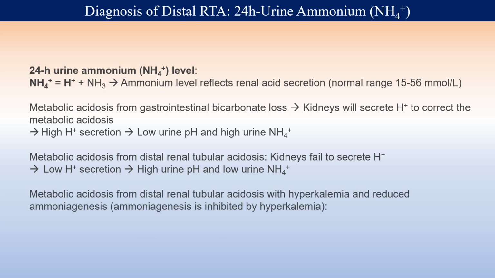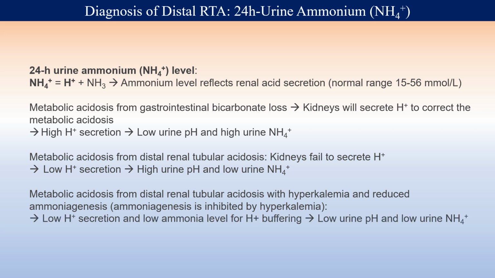In patients with distal RTA and hyperkalemia, where ammoniogenesis is reduced, there is inadequate ammonia to buffer hydrogen. Whatever little hydrogen that can still be secreted ends up in the urine as a strong acid. In this case, both the urine pH and ammonium level will be low.